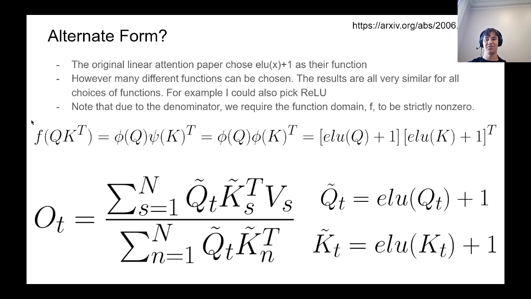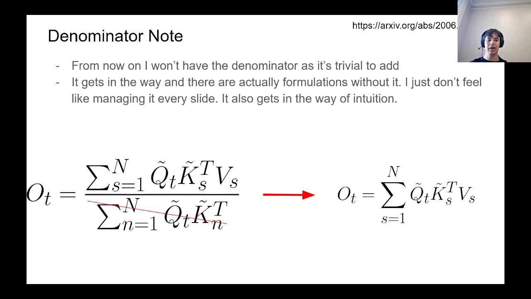So basically what we're doing is we're defining a kernel function that can be decomposed into a function on the vector q and a function on the vector k, and I'm defining that as elu plus 1, as in this paper, and I'm writing that as q tilde and k tilde for notational purposes, to make it way easier for me to look at. I'm also going to be removing the denominator because it still works with the denominator.